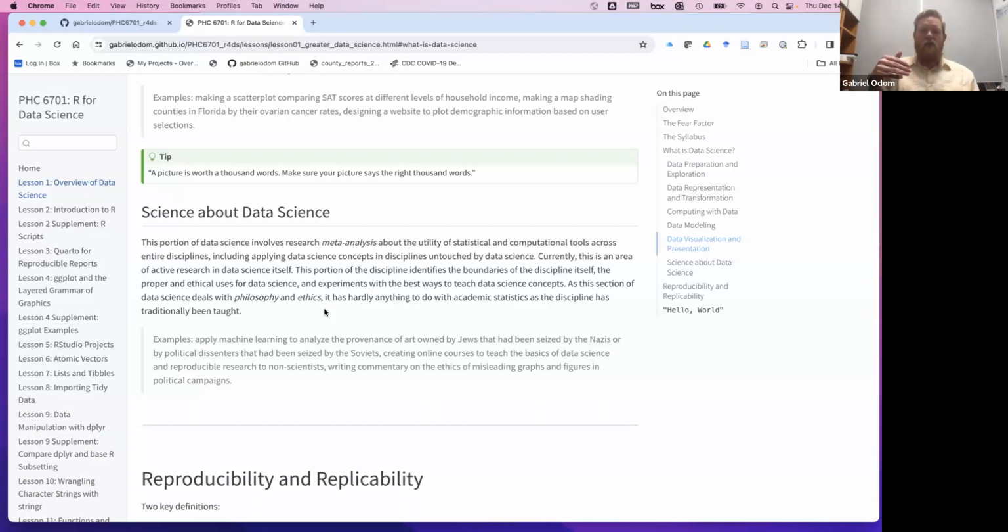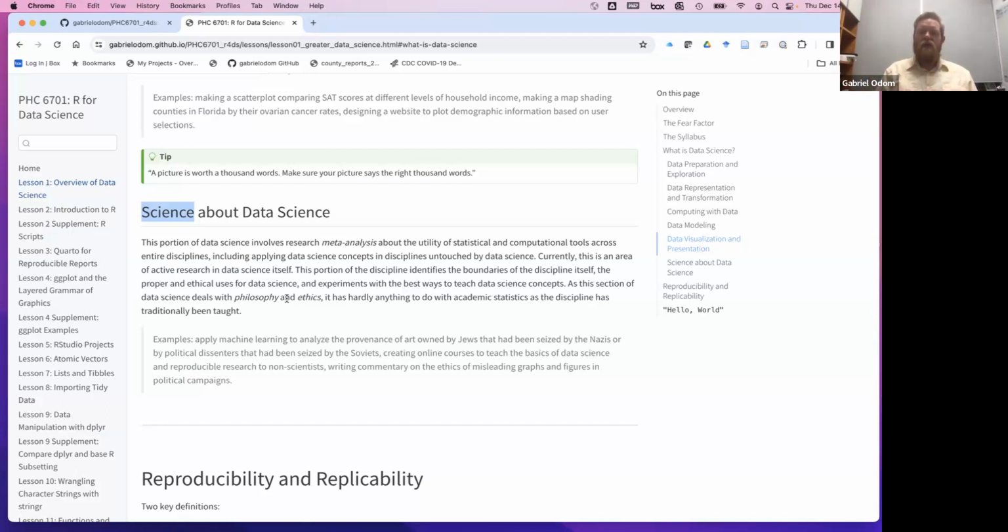And then there's another question of, is data science employed ethically? That is to say, are the tools in data science used for the good of humanity, used to do the right things? The science of data science is meta-analyses of how data science is used. Is it effective? Is it ethical? Is it good? Is it beneficial to science?